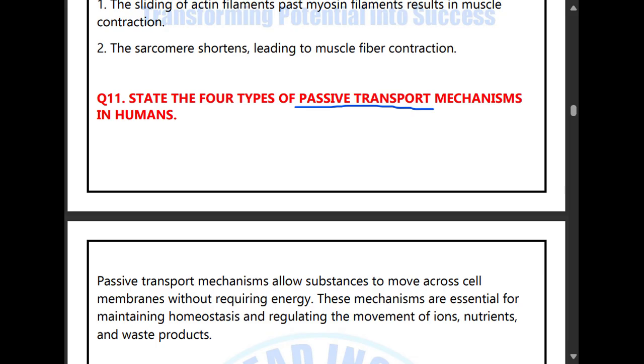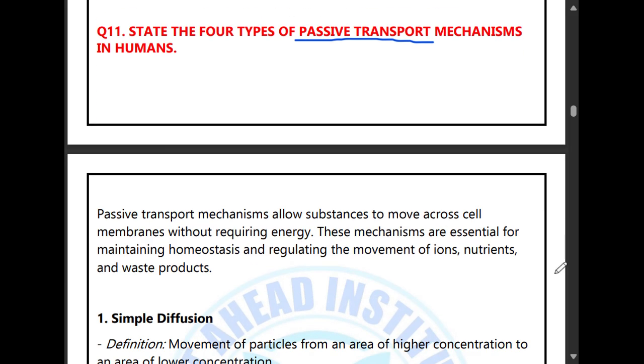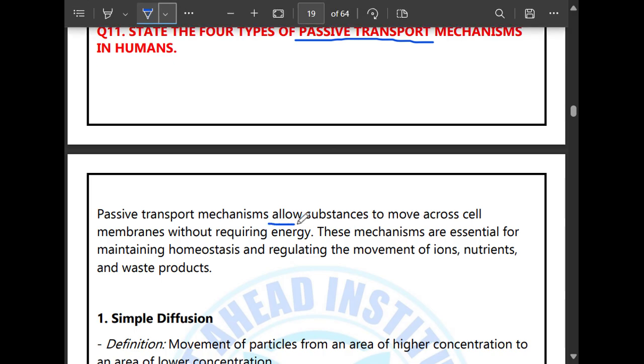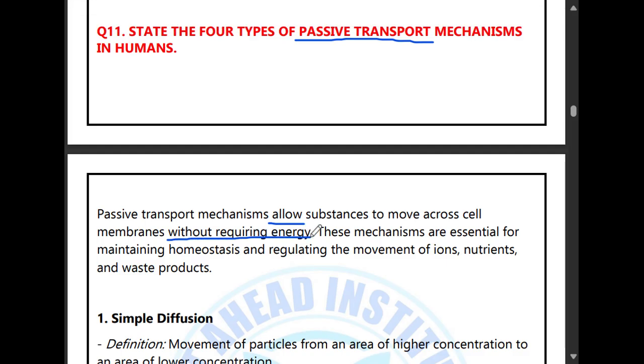When we are talking about these passive transport mechanisms in humans, you must understand that these mechanisms allow substances to move across the cell membranes without requiring energy. That is the first key thing that you must understand: the passive transport mechanisms do not involve energy.